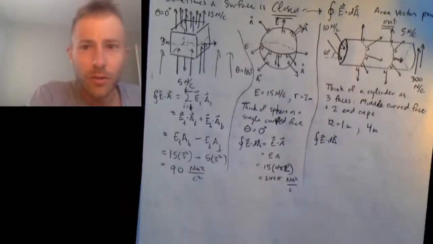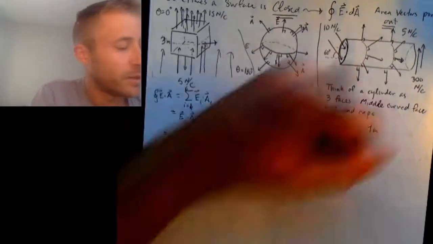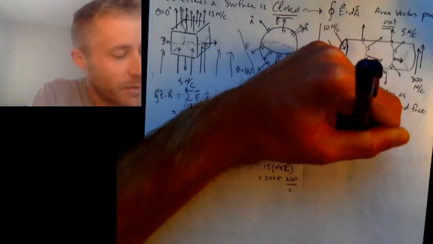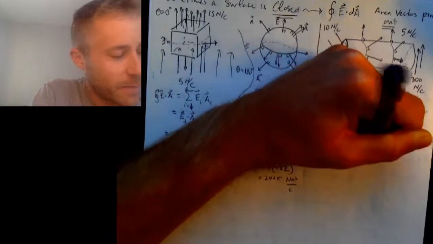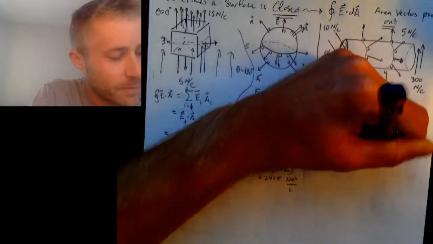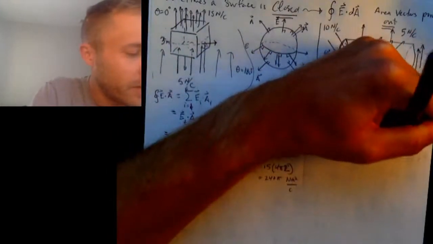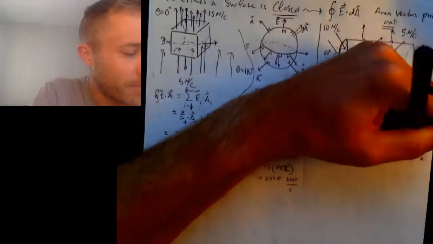And so it's going to be 3 parts because there are 3 faces. So there's going to be E dot A for the left end cap plus E dot A for the middle, all right, plus E dot A for the right end cap.